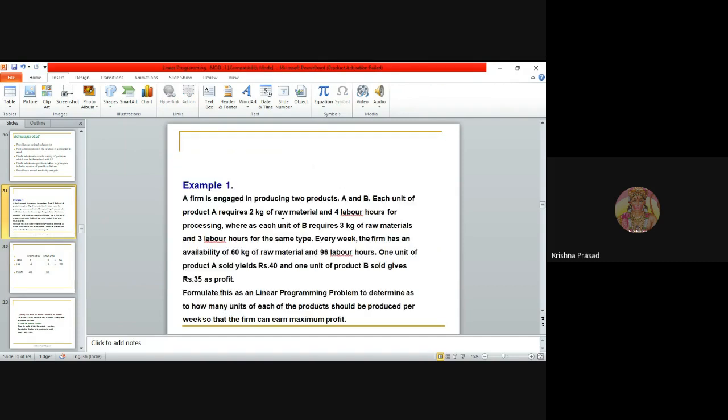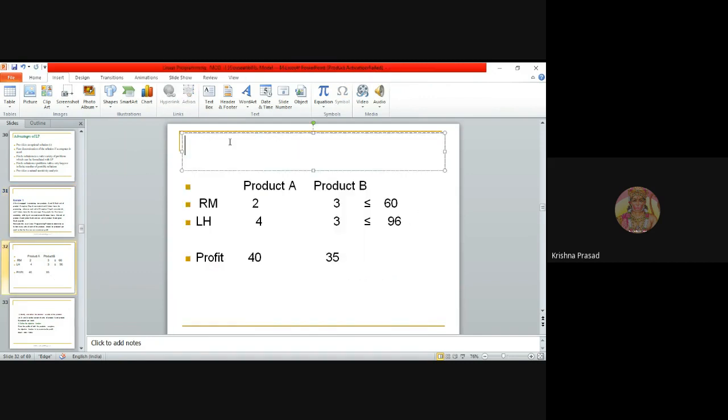We are having two products, product A and product B. So let x1 and x2 be the decision variables for product A and product B. Okay, now we are having two decision variables x1 and x2 for product A and product B.